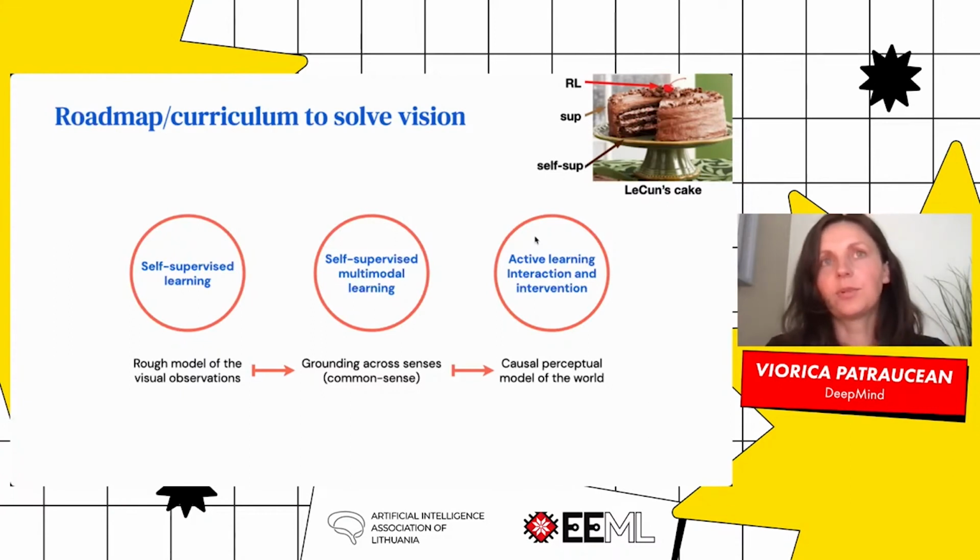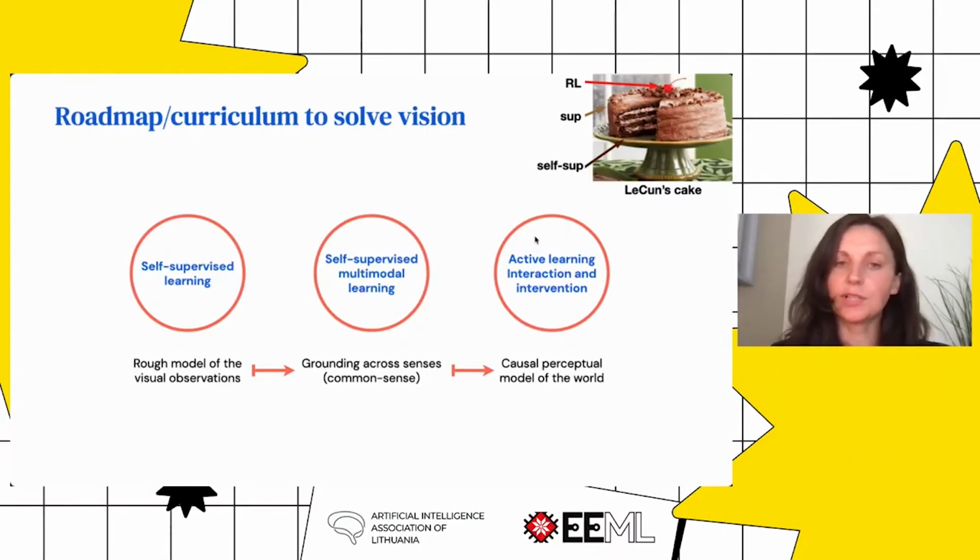Then going to self-supervised multimodal learning will help us to ground across senses. So basically, to obtain common sense, a model that is able to reason about its environment from the different senses that it has. So audio, vision, touch, maybe in the future we'll have language and so on.